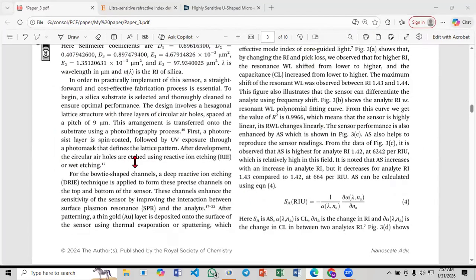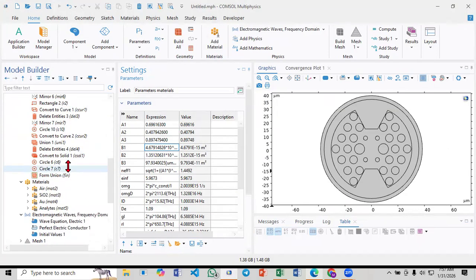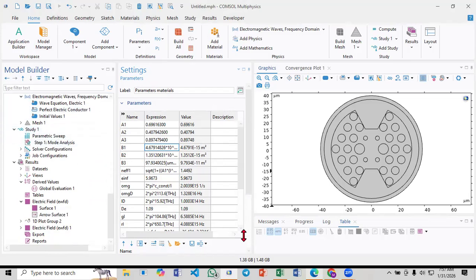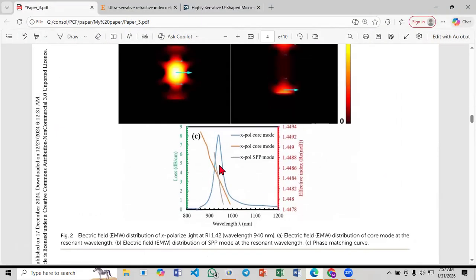Then you will get an errorless result. Okay, that's the thing. Now we reproduce this. We didn't reproduce this data perfectly.